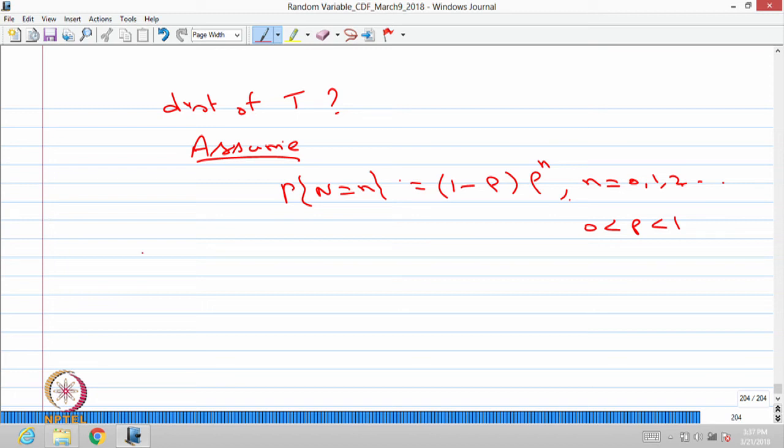When n takes the value 0, obviously the total time spent by a customer is only his own service time, which is exponentially distributed. Okay. So, let us find the probability density function of capital T as a function of small t.